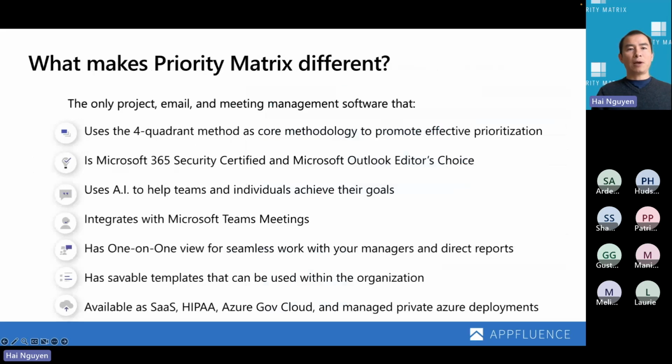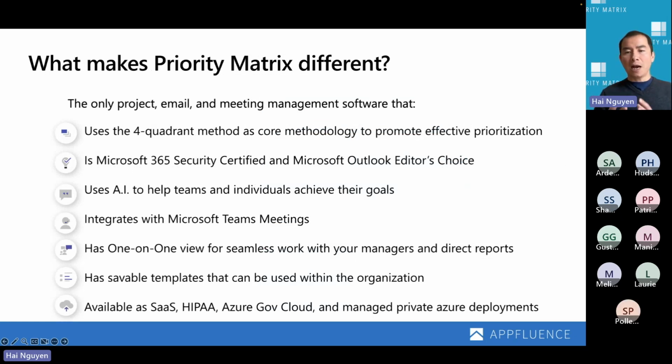I also want to talk about what makes Party Matrix different. First of all, what we do is we use the 4-quadrant methodology, which I'll dive further into, as the core methodology behind the philosophy of Party Matrix to help you prioritize better and actually understand what it is that you need to work on and communicate your priorities across the entire organization. And that's really key.